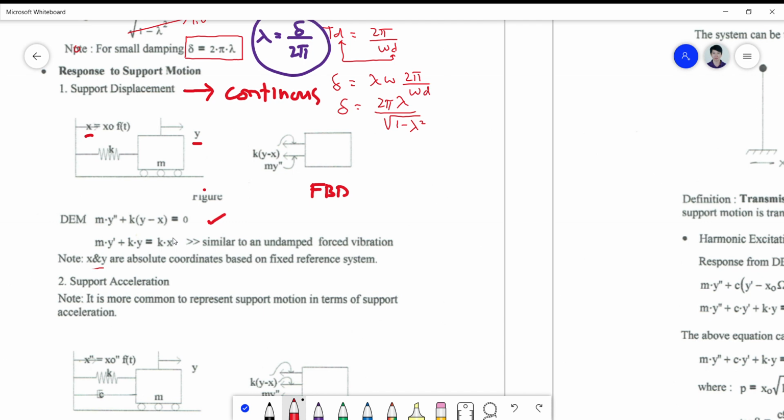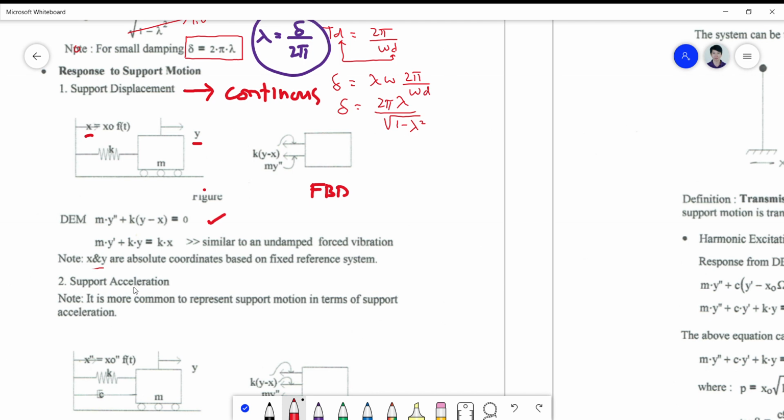But basically, the variable of consideration is not just one coordinate variable, but we are using two coordinate systems, x and y. Both are actually absolute.